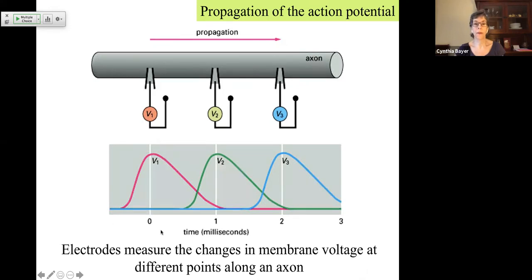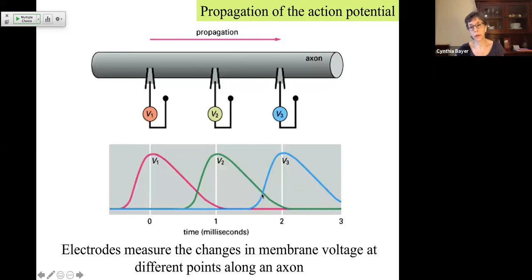At time zero, if we have propagation, meaning the movement of these action potentials along the axon from left to right, when this region of the membrane reaches the peak of its action potential and then starts to fall, the membrane potential reaches the threshold potential in the next region, and it will stimulate sodium ion channels to open, causing another rising phase to a peak.